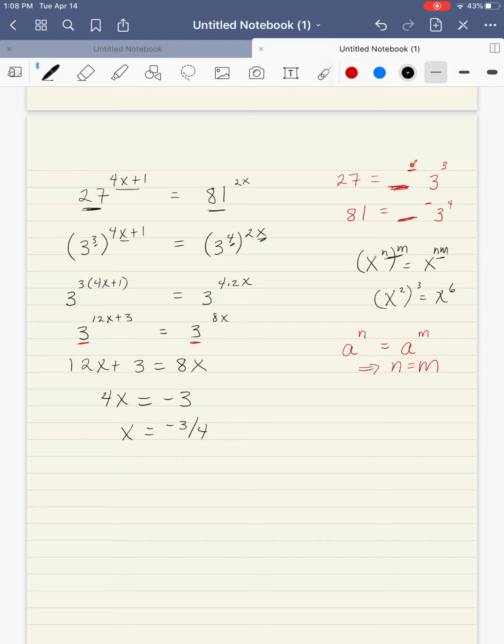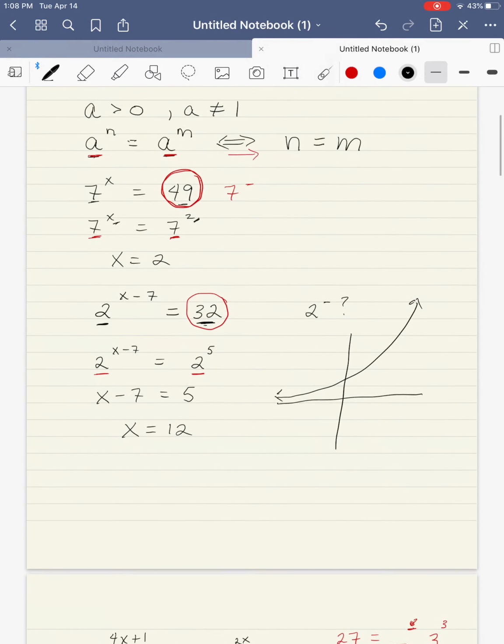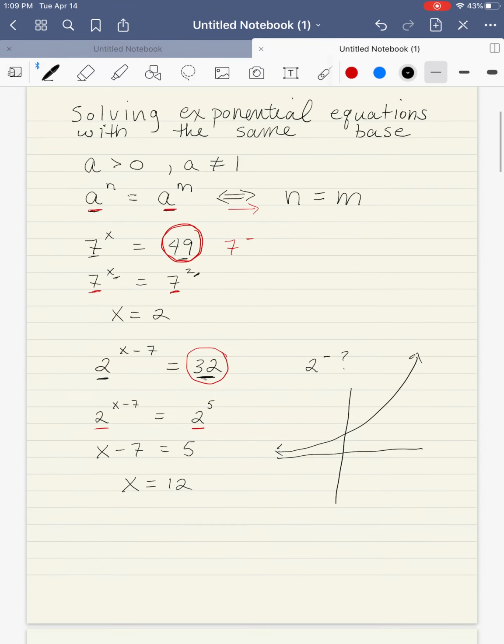And we see that we have x equals -3/4. And that's totally fine. If I plug back in and I have a negative exponent or 0 exponent or positive exponent, it doesn't matter because our domain on exponents is all real numbers.